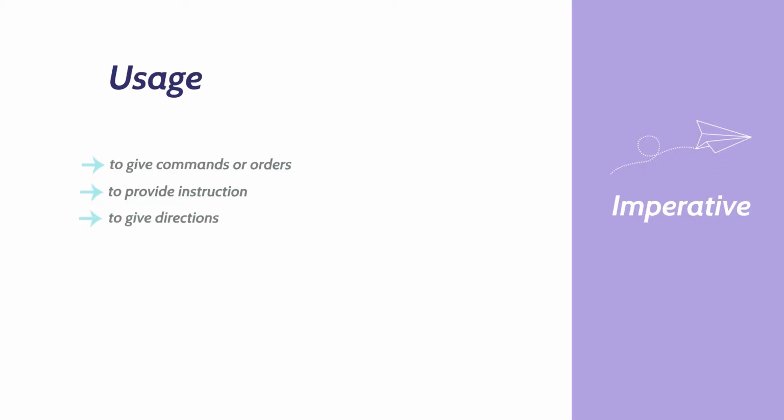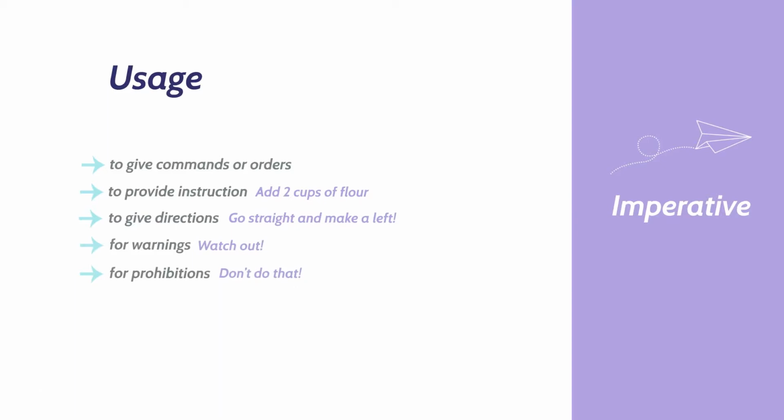For example, go straight and make a left. For detailed instructions when cooking or baking, for example, add 2 cups of flour. For warnings, watch out. For prohibitions, don't do that. For polite requests like, please do this for me, etc.